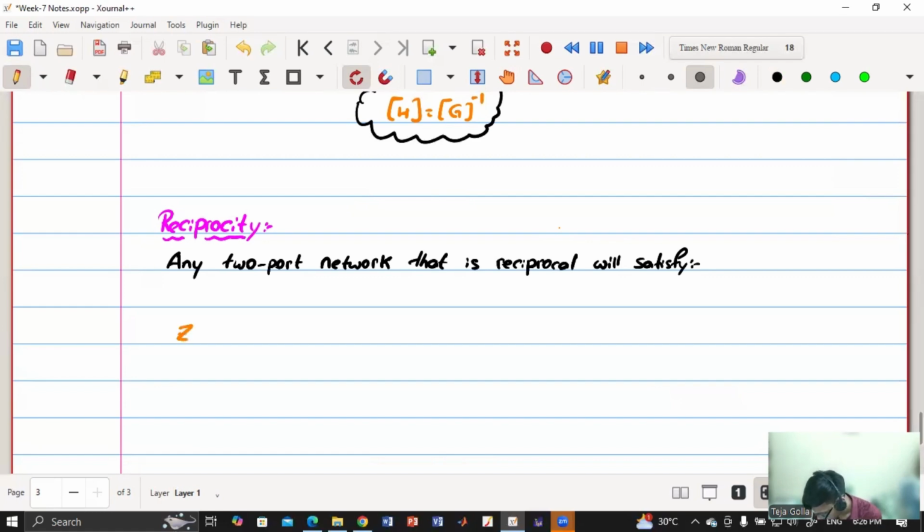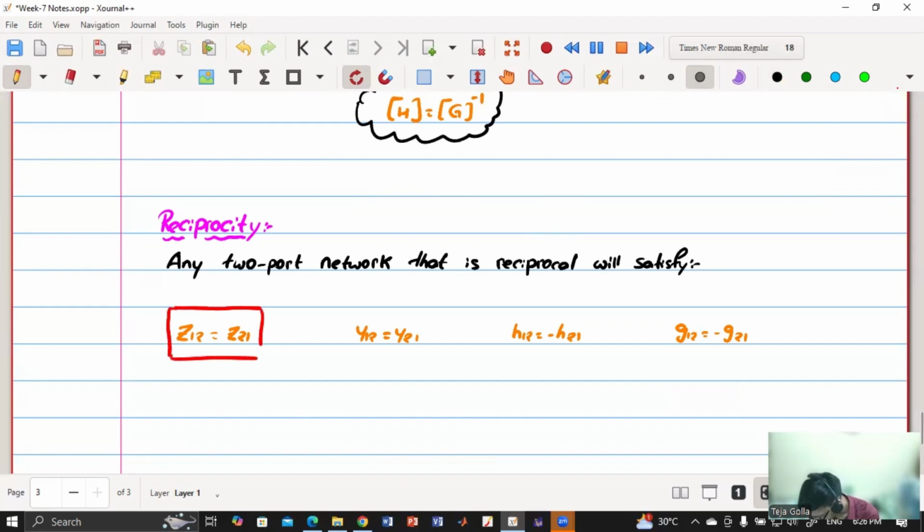One is Z12 equals Z21. As we have Z12 and Z21, if you invert the Z matrix, we'll get Y12 equals Y21. For H parameters, you will get H12 equals minus H21. And because H and G parameters are related by inversion, you will get G12 equals minus G21. So these are the conditions that we will get.